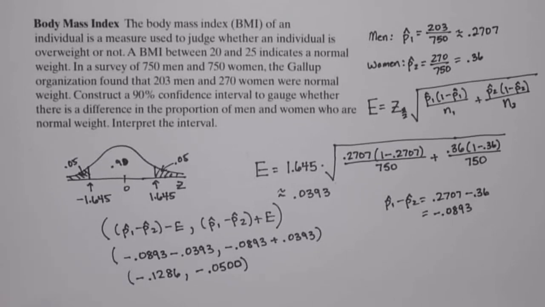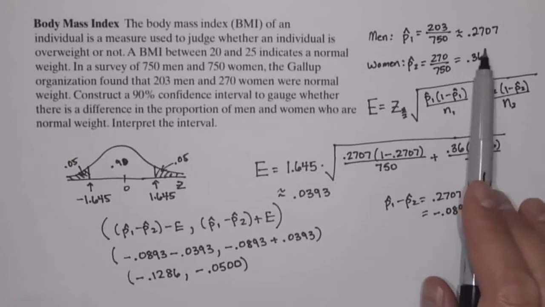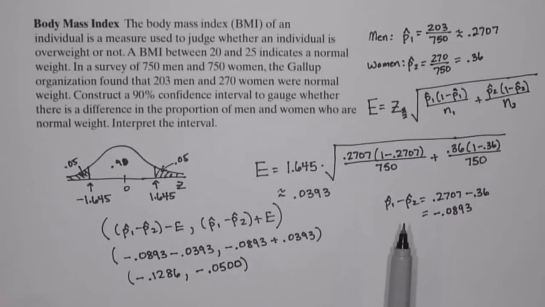So if we were conducting a hypothesis test, notice that that does not contain 0. The fact that this does not contain 0 indicates that there is a difference between the proportion of men and women who are normal weight. And in particular, it looks like the proportion of men who are normal weight is less than the proportion of women who are normal weight because we have a confidence interval that's entirely negative.